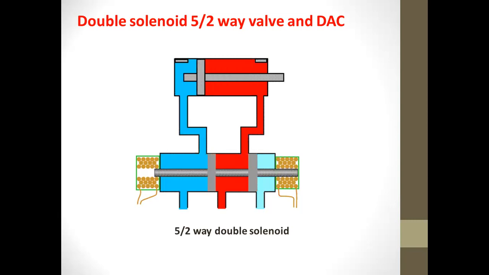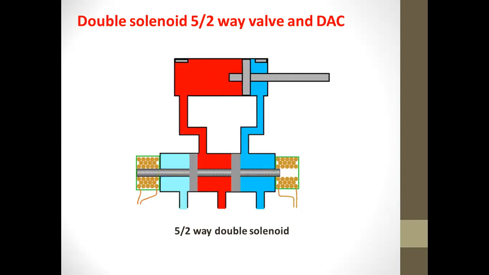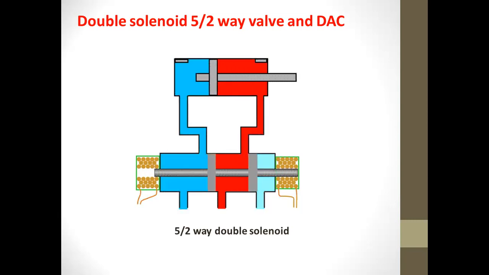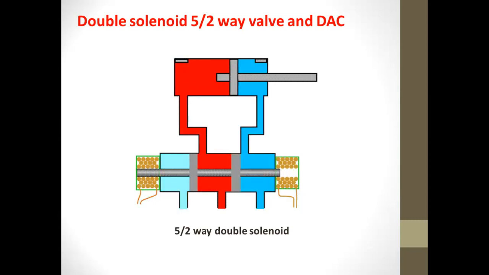Because in the double coil, as I've said, once you energize one coil, it commands the cylinder to either extend or retract.